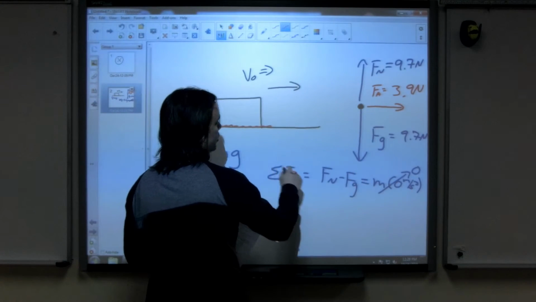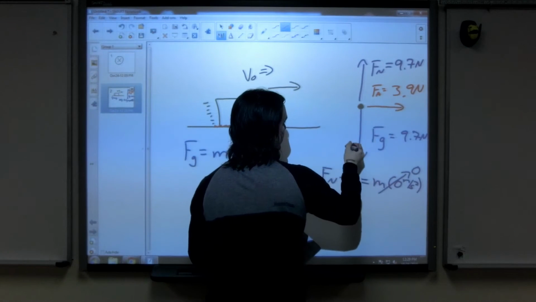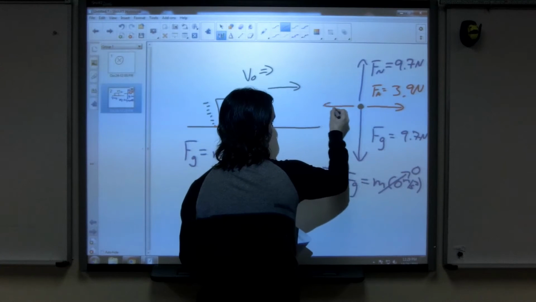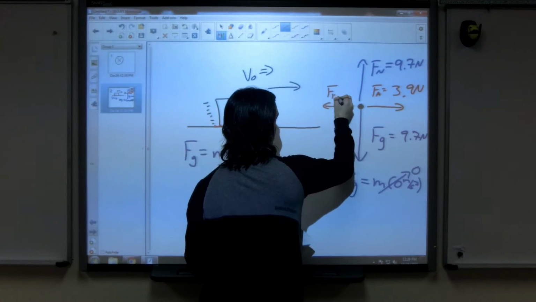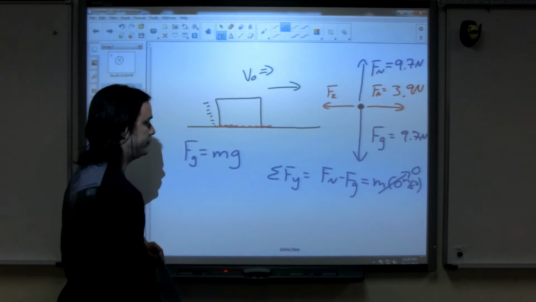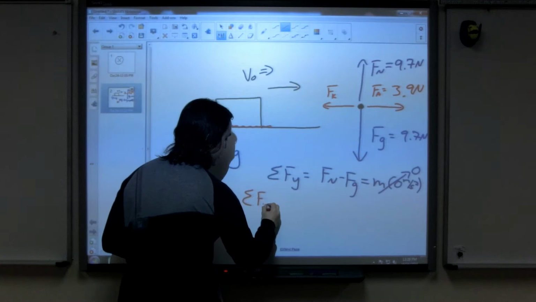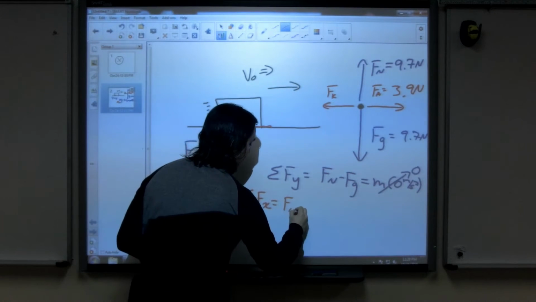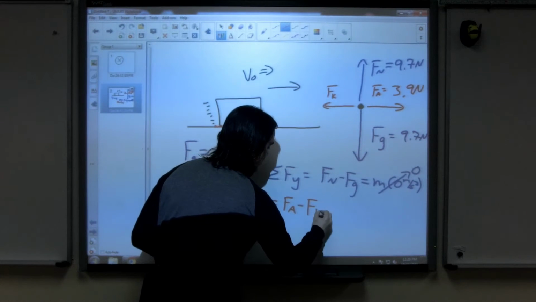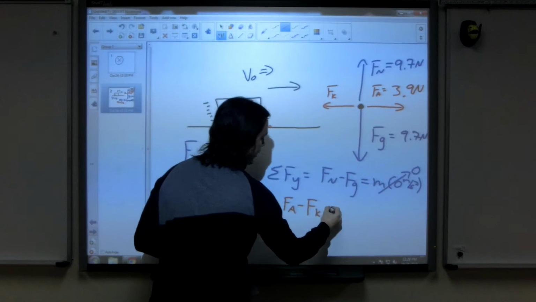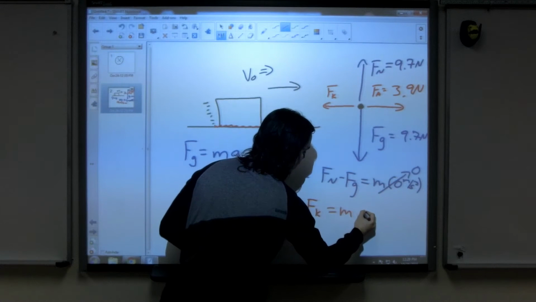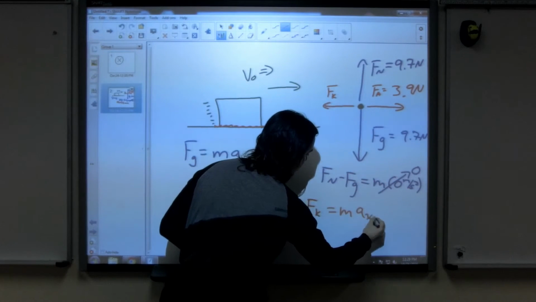Now, this thing is not accelerating, so if I'm pushing it to the right, something must also be affecting it to the left, and it turns out that we have the force of friction. In this case, it'll be kinetic friction. If I apply Newton's second law in the x direction, I'm going to have how hard I push minus the force of friction, minus because it's to the left, equals my mass of my object times my acceleration in the x.